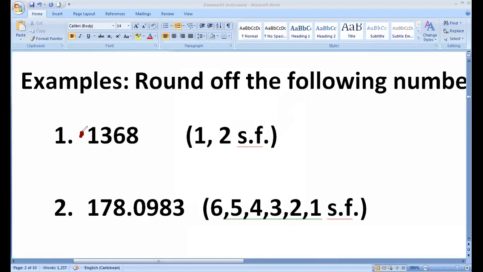We start counting from right here: 1, 2, 3. So you don't start counting from down here. Even though it's a whole number, you count from the left to the right, whether it's a whole number or decimal.